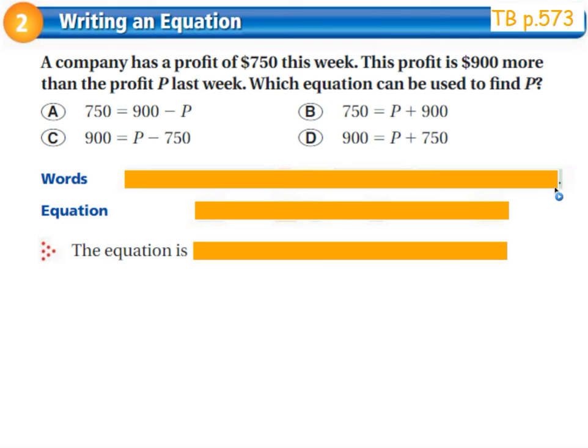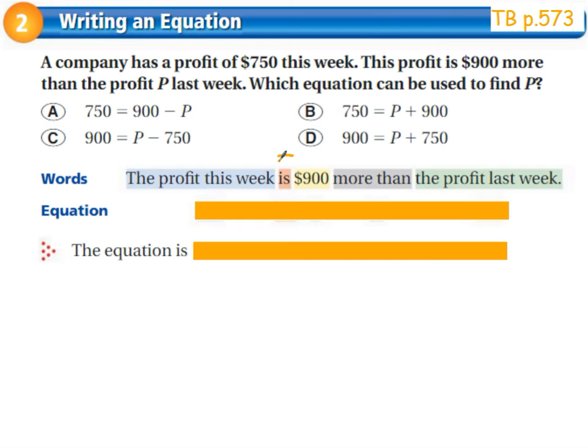So the first thing we want to do is pick out the important words. Remember, when you see the word is, that is going to mean equal. So it's saying that the profit this week, so our profit P, is equal to 900 more than the profit last week.